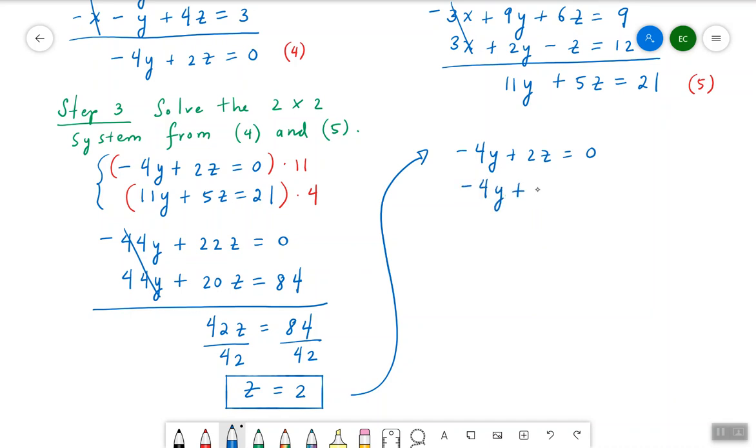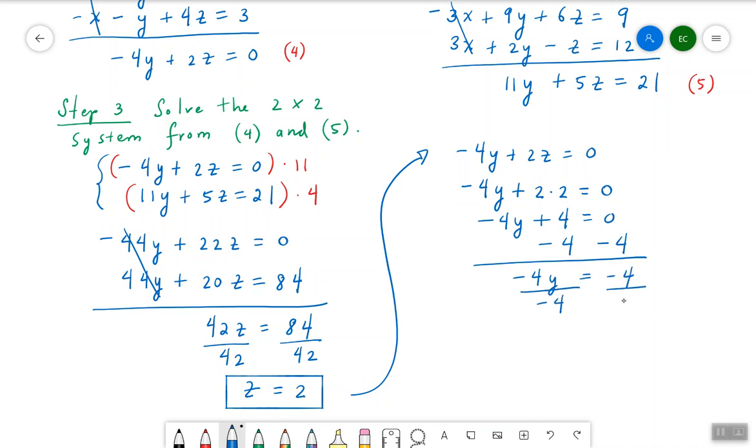Negative 4y plus 2 times 2 equals 0. And we can solve for y. So we'll have negative 4y plus 4 equals 0. We can subtract 4 from both sides and have negative 4y equals negative 4, or y is equal to 1.